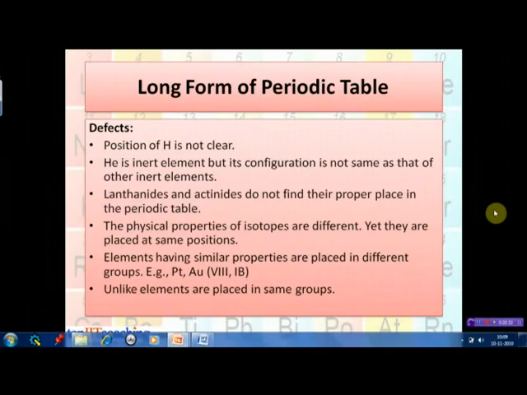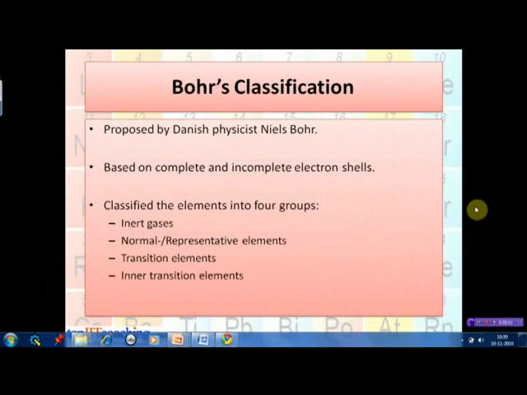They do not find their proper place in it. The physical properties of isotopes are different, yet they are placed at the same positions because they have the same atomic numbers. And there are elements with similar properties which are placed in different groups. For example, platinum and gold are placed in separate groups. And similarly, there are some elements with unlike properties but are placed in the same groups.